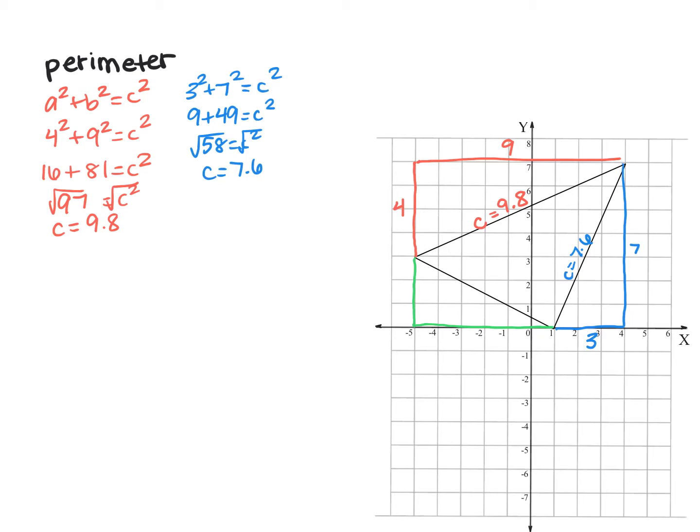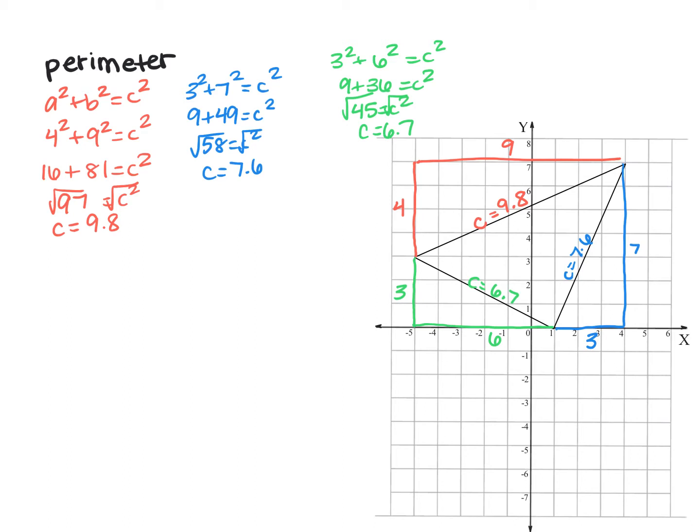And then we can move on to the green triangle. Take the square root of both sides, and that last side of our original triangle is 6.7.